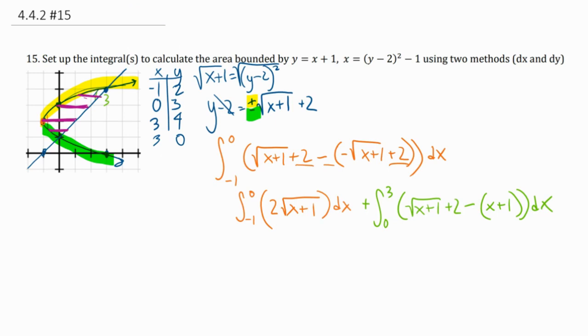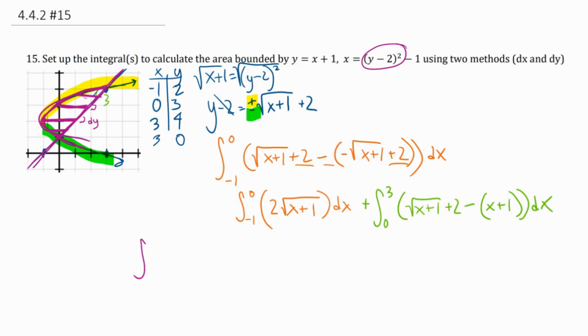And all of these representative rectangles are bounded by the line and the parabola, because the parabola is already written in terms of y. And the width of each of these representative rectangles is dy. So we can actually just use one integral to represent this area in terms of y.